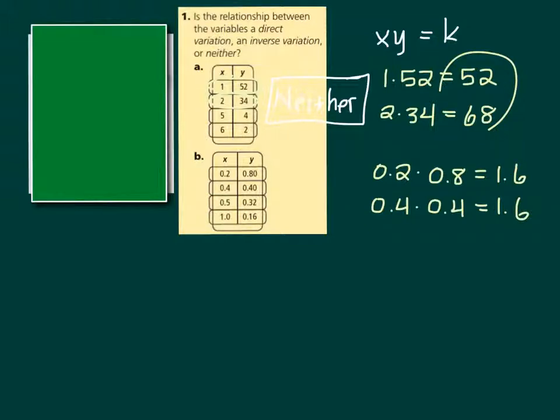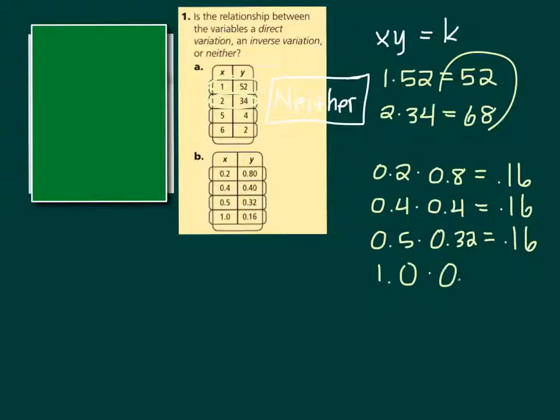What is 0.5 times 0.32? 0.16. And 1.0 times 0.16, 0.16. So part B, that is going to be inverse variation.